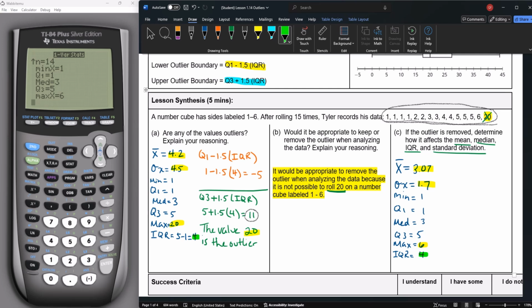So if we were to remove the outlier, our mean and our standard deviation will decrease, but our IQR remains the same. And that's that.